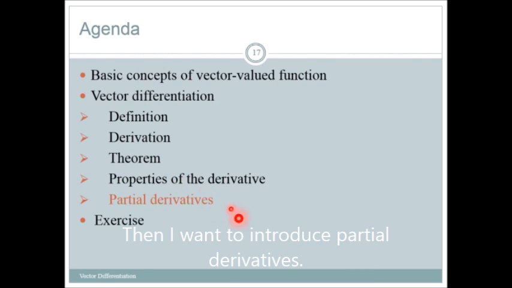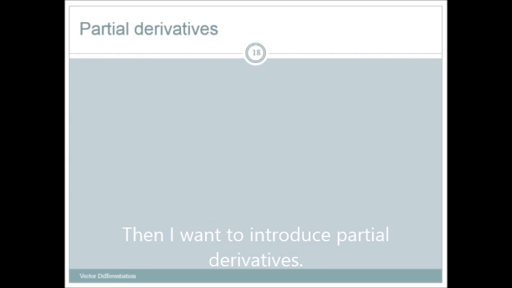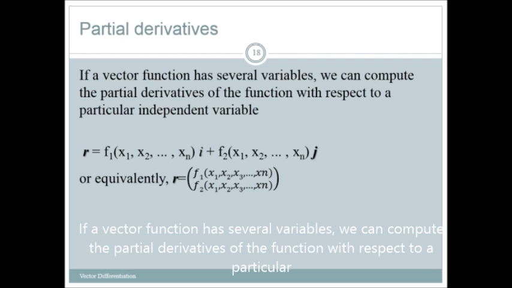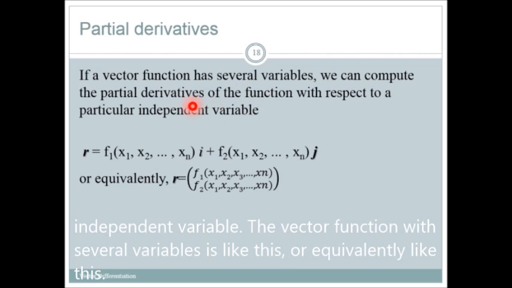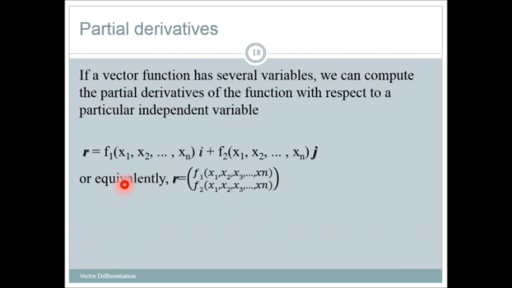Then I want to introduce partial derivatives. If a vector function has several variables, we can compute the partial derivatives of the function with respect to a particular independent variable. A vector function with several variables is like this, or equivalently like this.